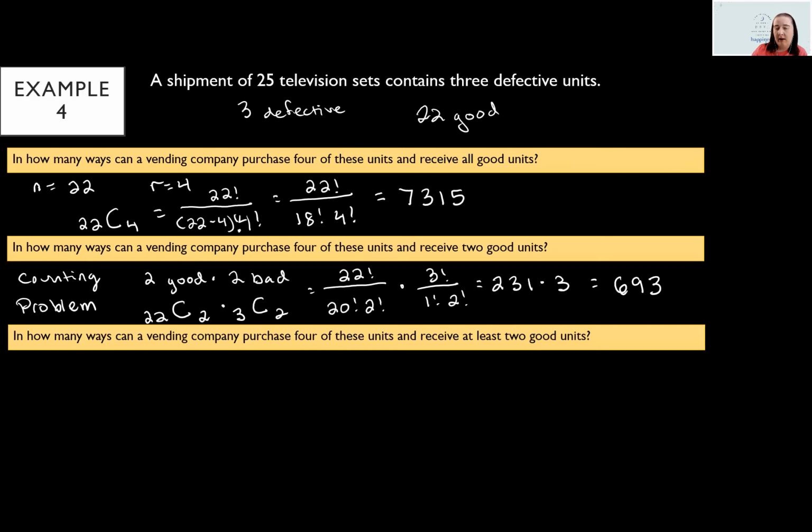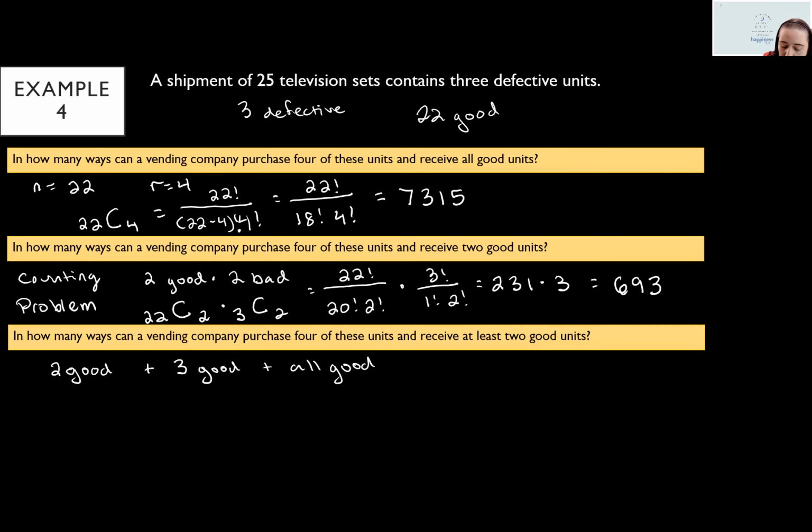Now this last one: in how many ways can a vending company purchase 4 of these units and receive at least 2 good units? This one, we have to do slightly differently. At least 2 good units means that we have 2 good units, but it could also mean that we've got 3 good units, or we could get all good units.